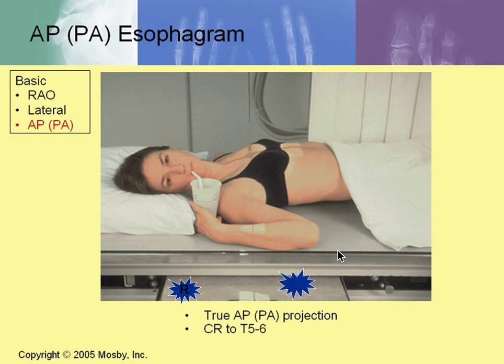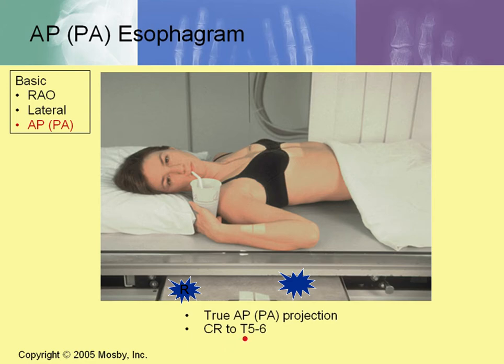AP or PA esophagram can be done either way. A PA puts the esophagus closer to the image receptor, but it may be harder for the patient to lay in that position. AP may be easier as far as getting the cup up there and having them sip and swallow. Just make sure that they're laying in a true AP or PA.